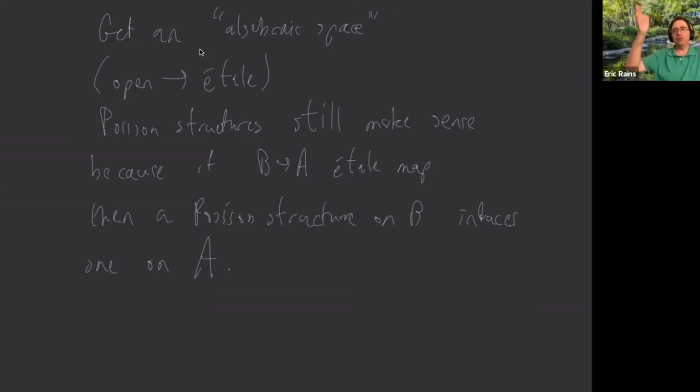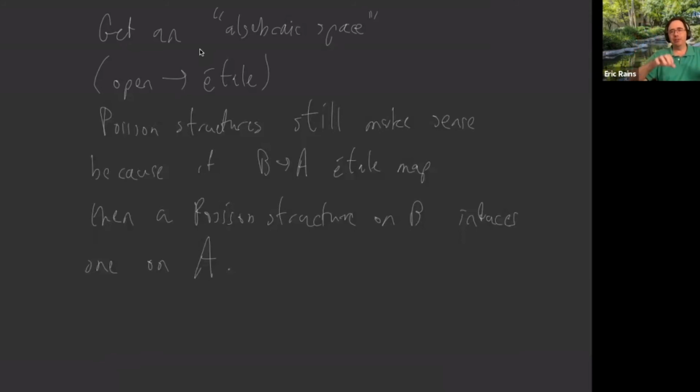We have this description where it's a bivector, an alternating biderivation. So it's something we can define in terms of the sheaf of differentials. And similarly, the Jacobi identity is just in terms of the exterior cube of the sheaf of differentials. Étale maps pull back Poisson structures. And so this algebraic space, even though it's not a scheme, has an étale cover by a scheme, at least locally.